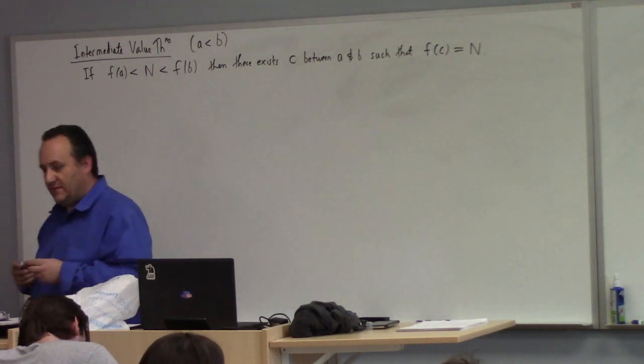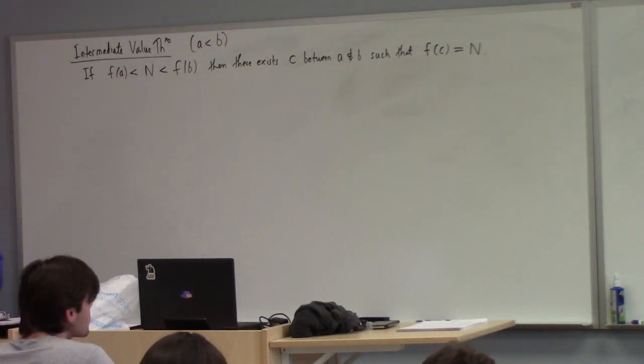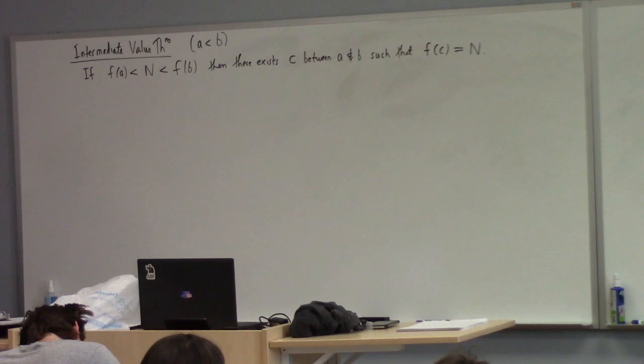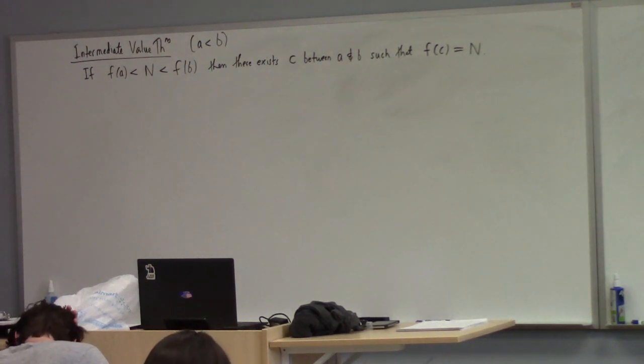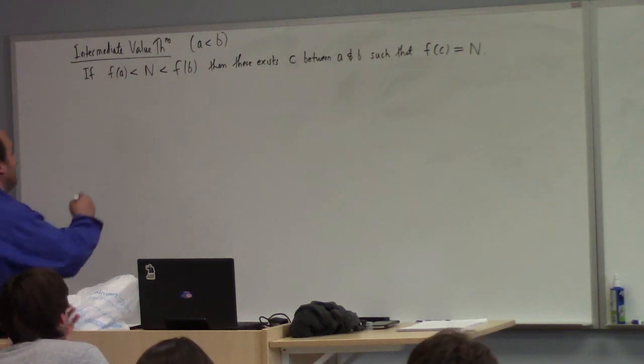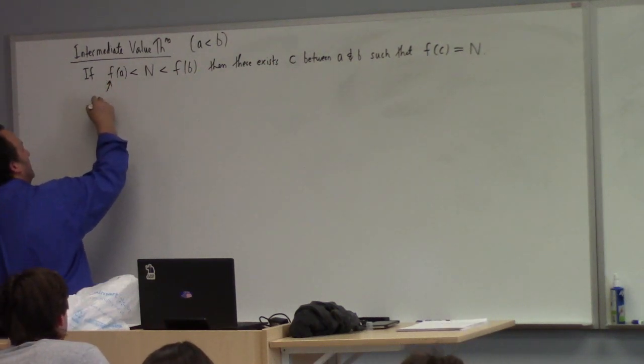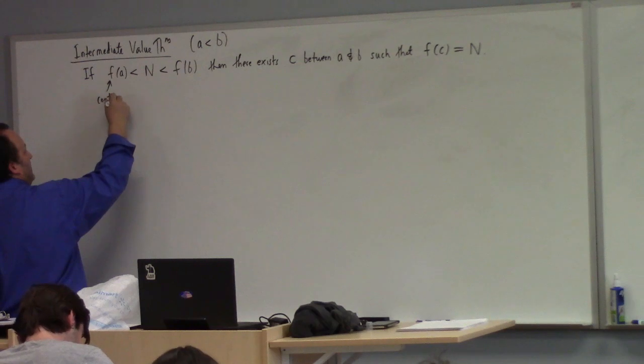This is the intermediate value theorem. Now, this is not always true. This is true for what are called continuous functions. All right? This is true provided that you have a continuous function. Now, what are examples of continuous functions?